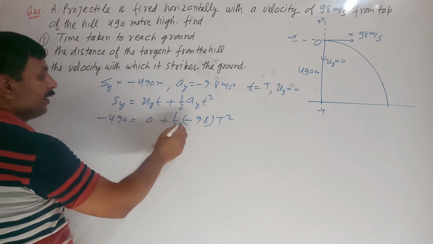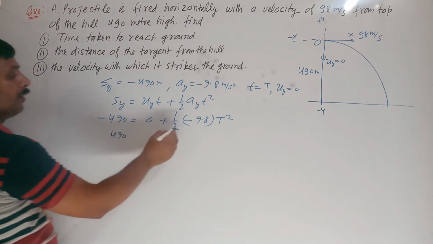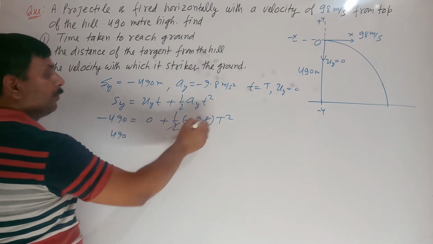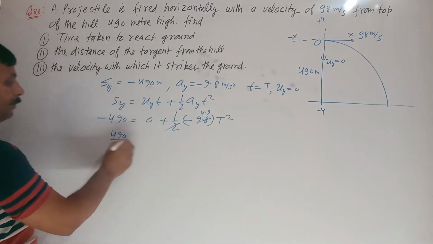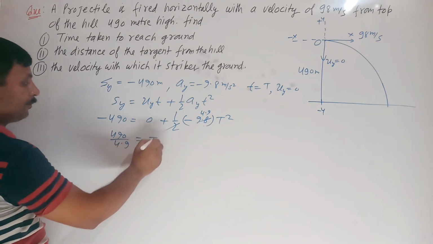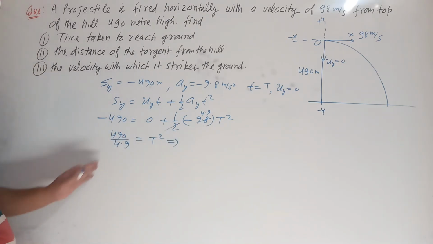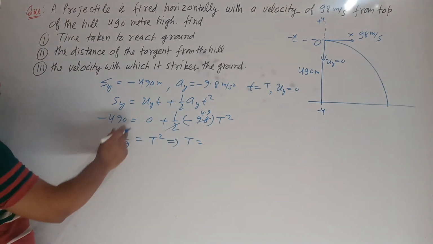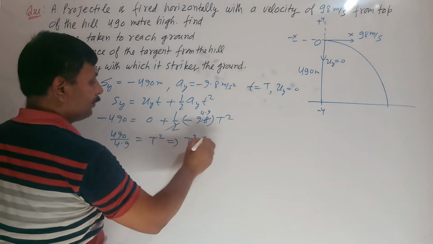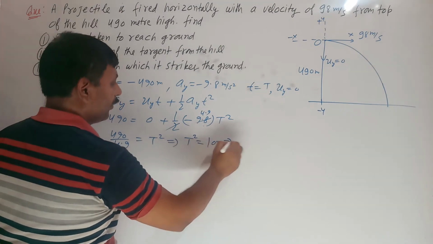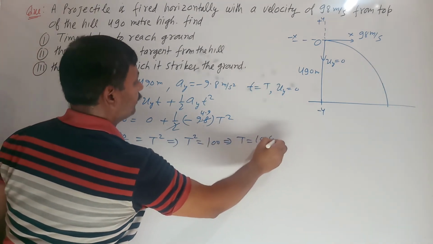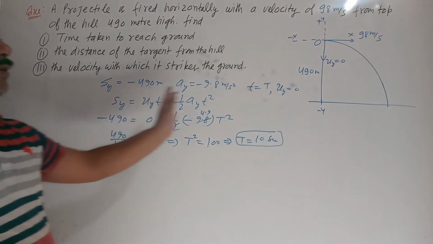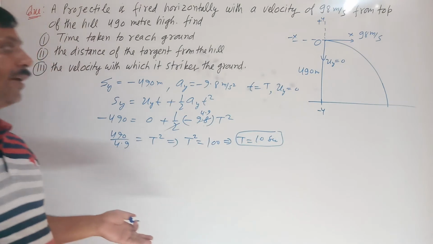Minus signs cancel, and 490 divided by 4.9 gives 100, so t is equal to 10 seconds. The time of flight for this motion will be 10 seconds.